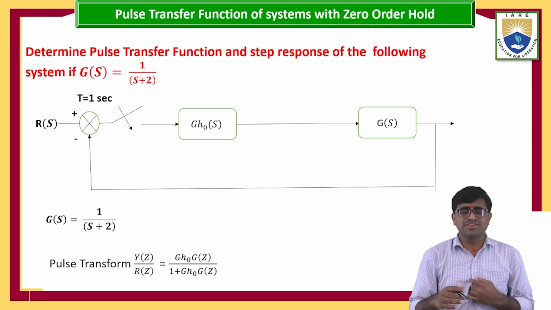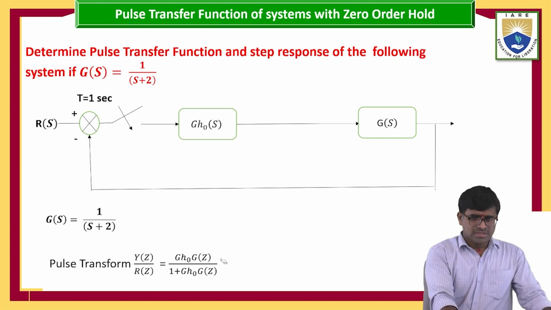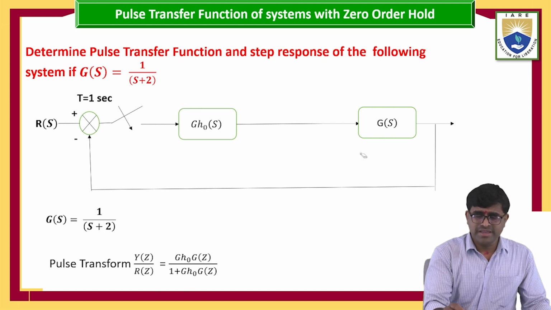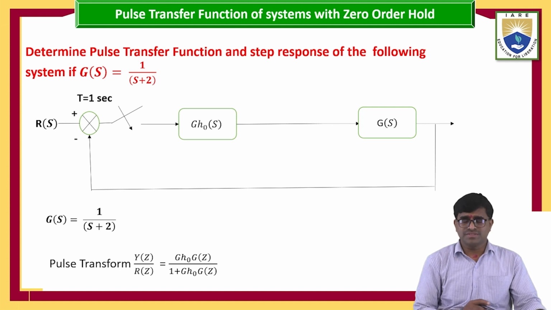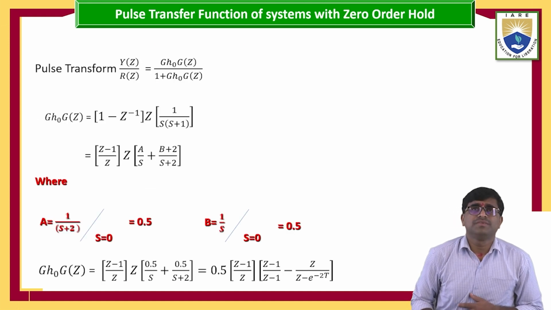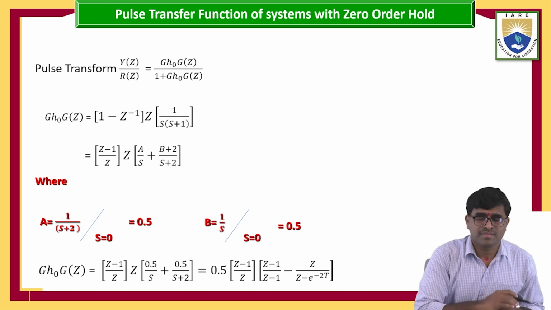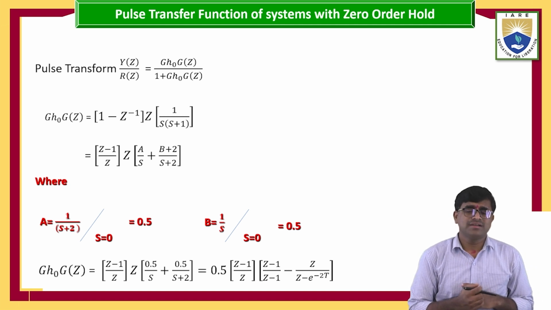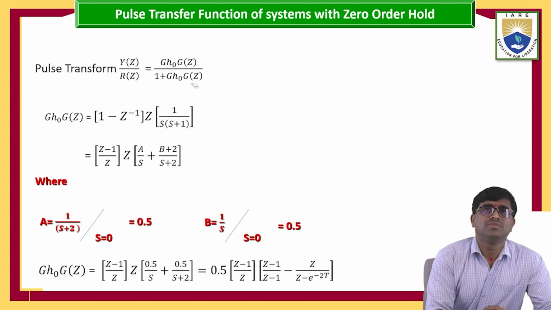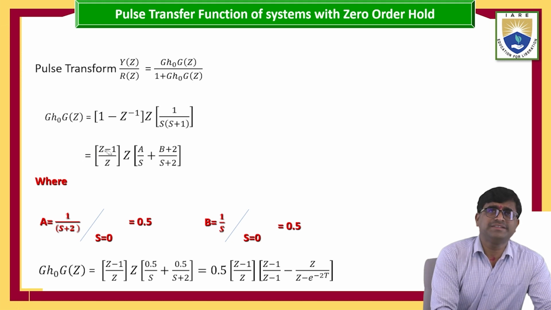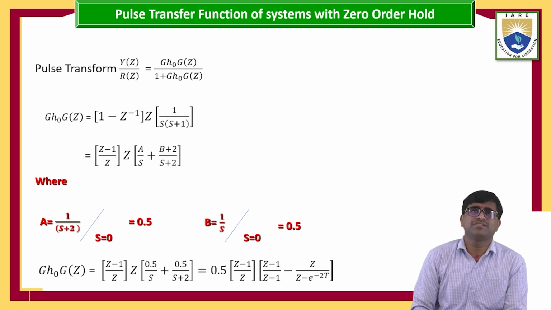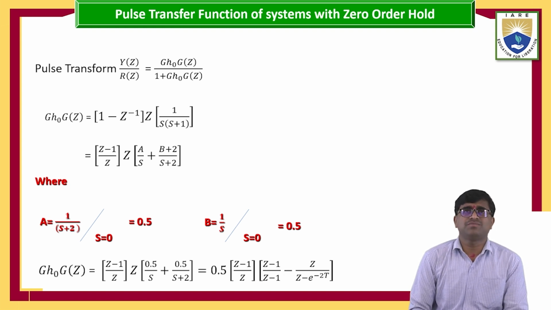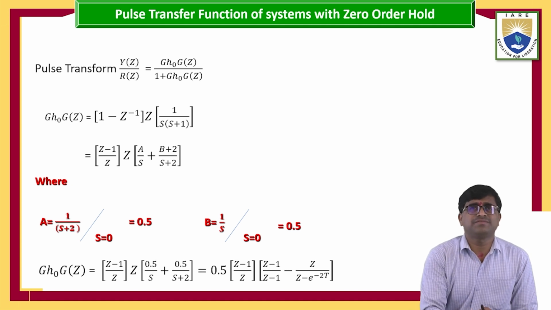So what is the transfer function of this one? Generally that is G(z) by 1 plus GH(z). This is your pulse transfer function. Now I am going to find this value. Basic formula: 1 minus z inverse of z into 1 by s into (s plus 2). So (z minus 1) by z.